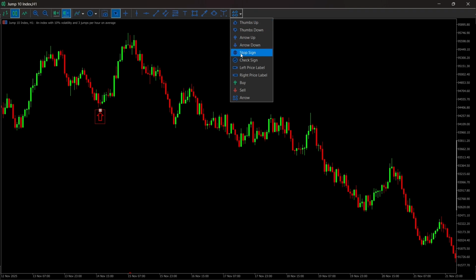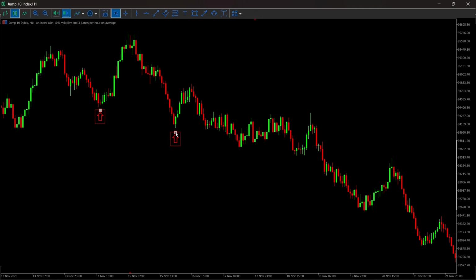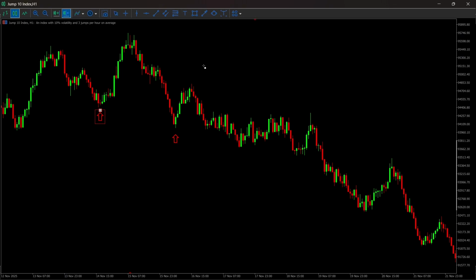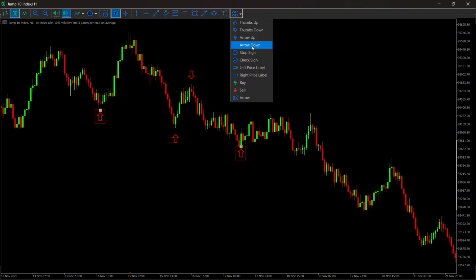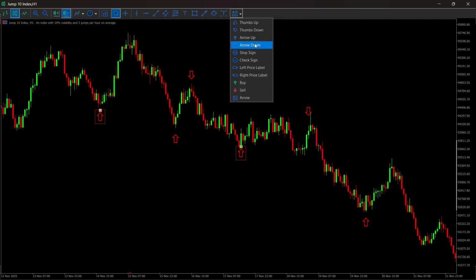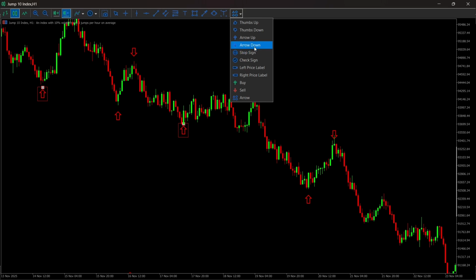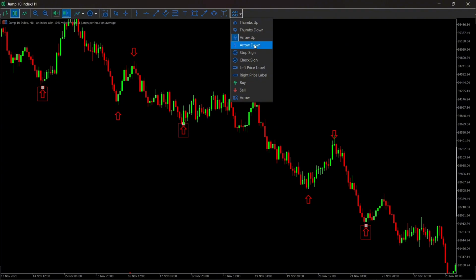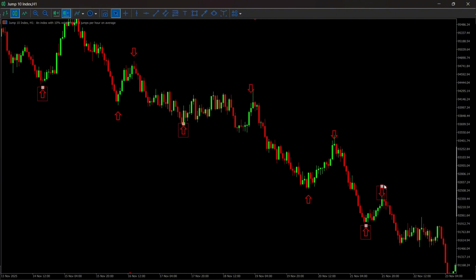Then the market came, created a lower low, then afterward created a lower high, created a lower low, and again created a lower high, created a lower low also here, a lower high also here, and again a lower low here, and a lower high here.